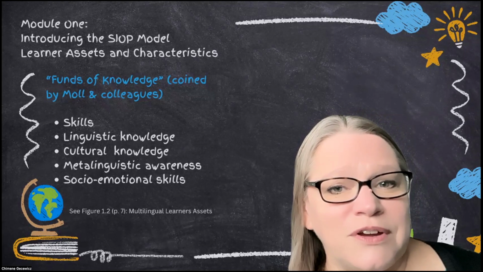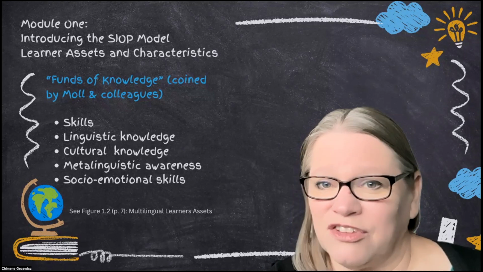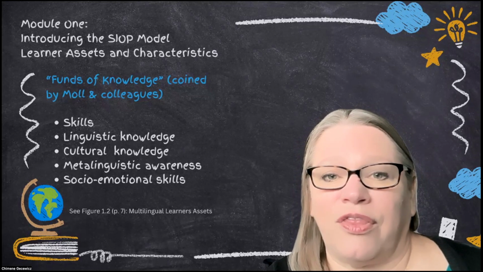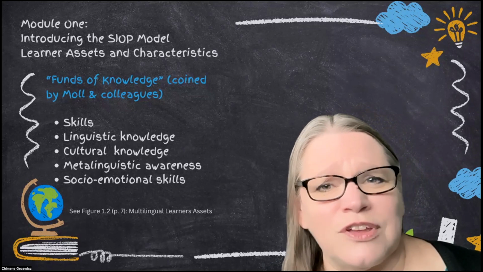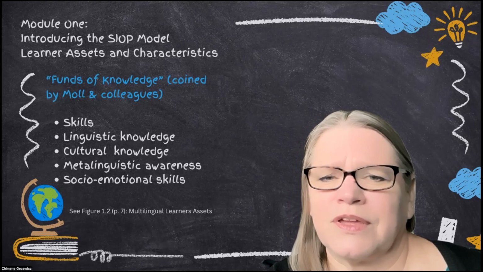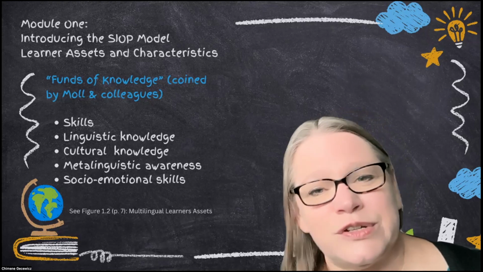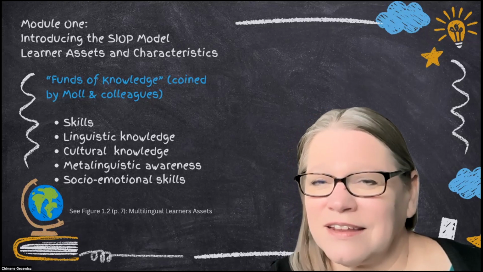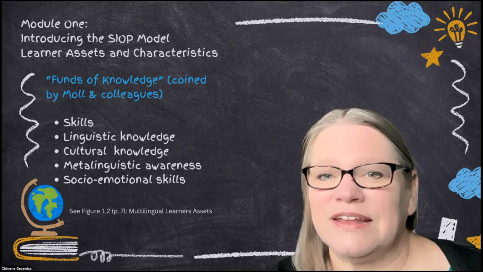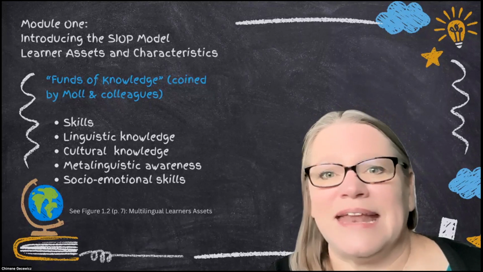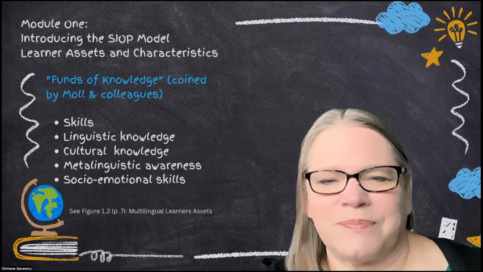These cultural experiences shape how they engage with content, how they view authority, how they engage in collaboration with their peers, and how they process information. For instance, a student from a storytelling tradition may have highly developed narrative skills, even if they're still acquiring English vocabulary.